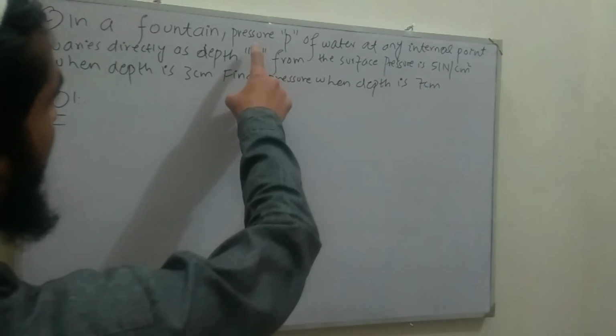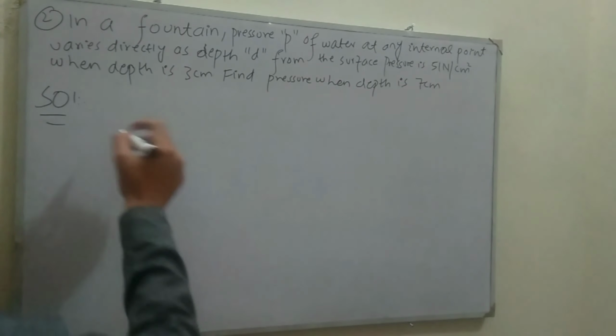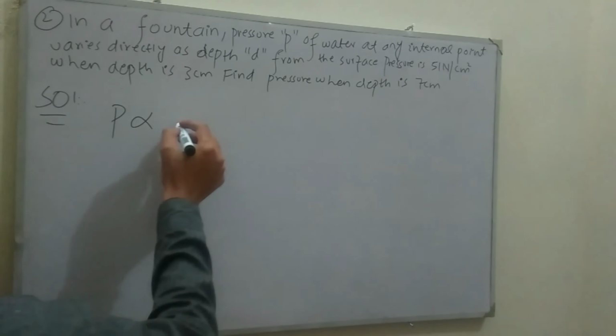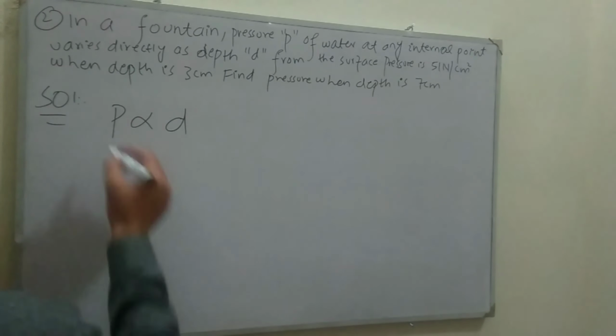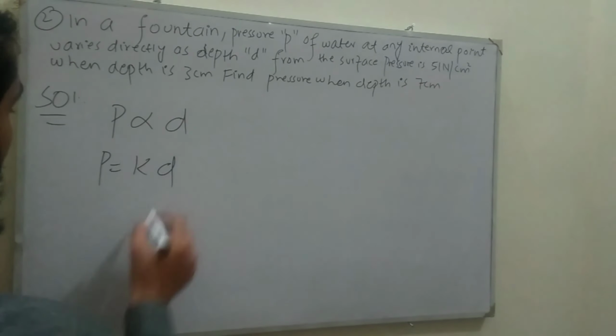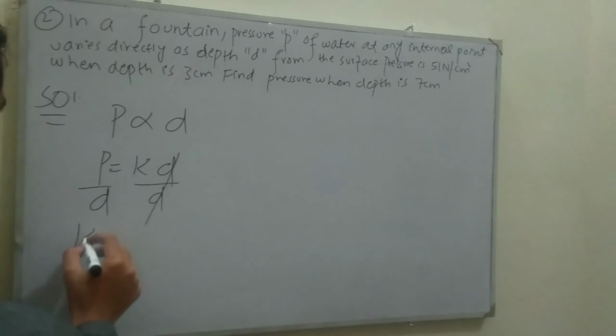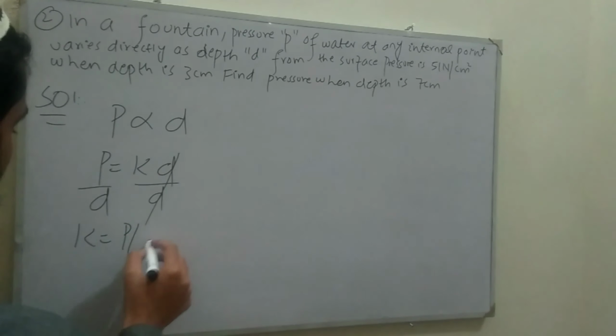Firstly, we are given that pressure of water is directly related with depth d. Removing proportionality and bringing in the constant, P is equal to k d. Divide both sides by d. So the value of k is equal to P divided by d.